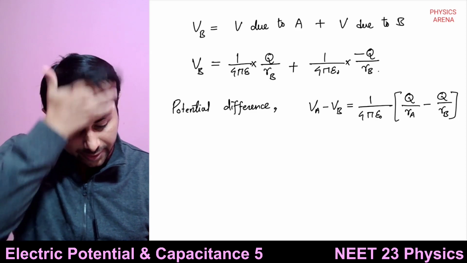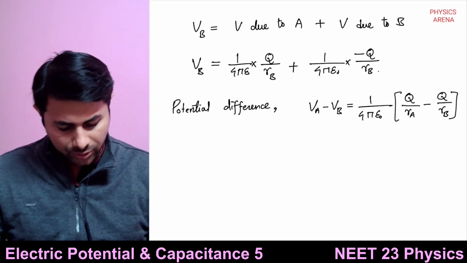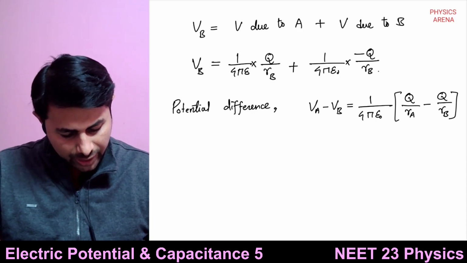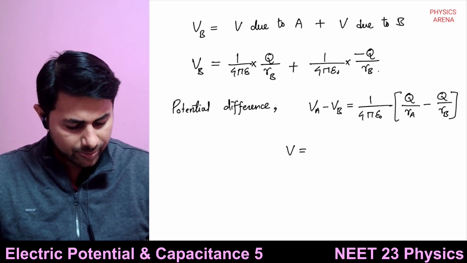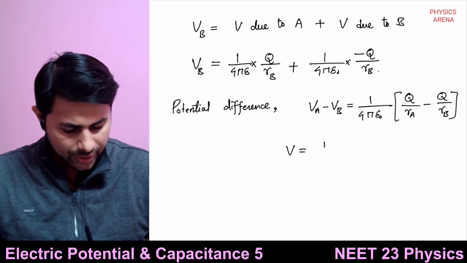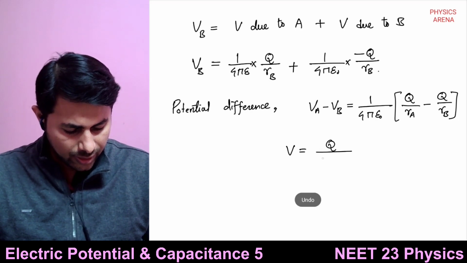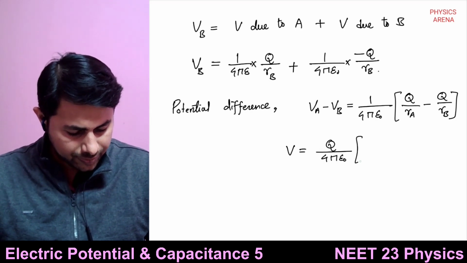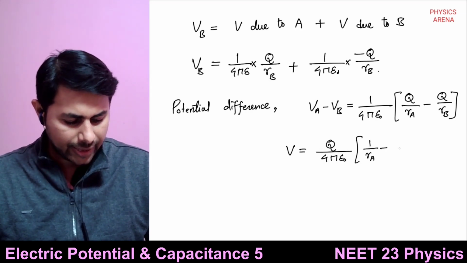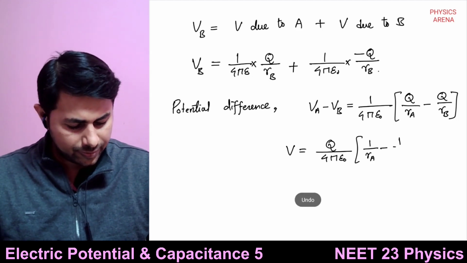Then we can take Q common. VA minus VB is the potential difference, VAB, so it is Q divided by 4 pi epsilon naught times 1 upon RA minus 1 upon RB.